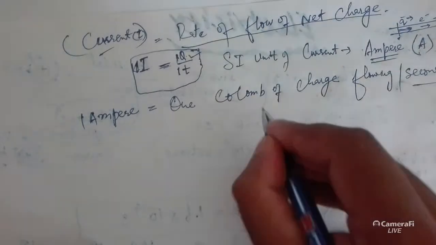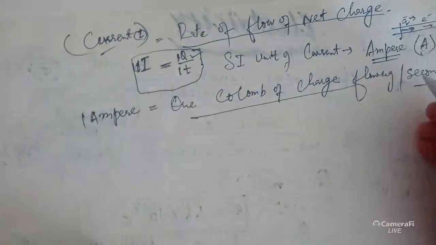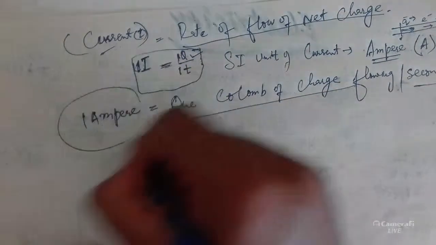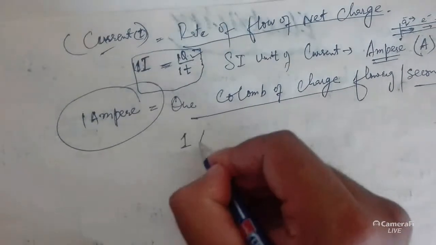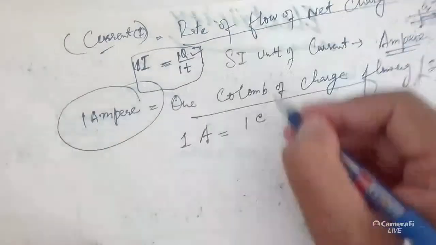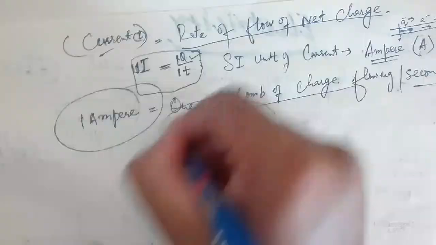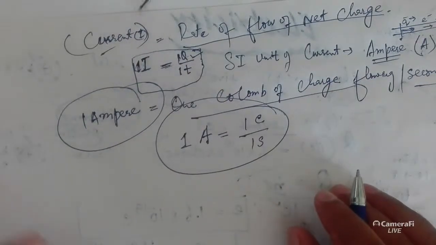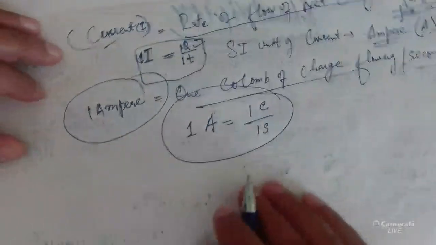So in 1 second, 1 full coulomb of charge which is flowing, we can call it as 1 ampere. So 1 ampere is equal to 1 coulomb of charge flowing in 1 second. You understand? So this can be called as 1 ampere current.